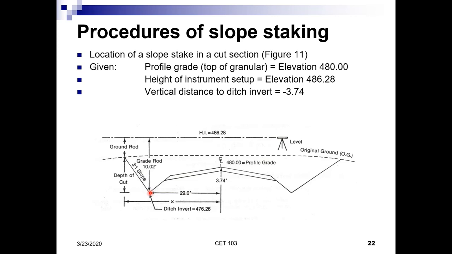We're going to find the distance. So here's what we're going to start out trying to find: our distance left or right of the center line. In this situation, we're going to go left, which is represented by the X on the drawing. This is the distance we don't know, so we have to try this.